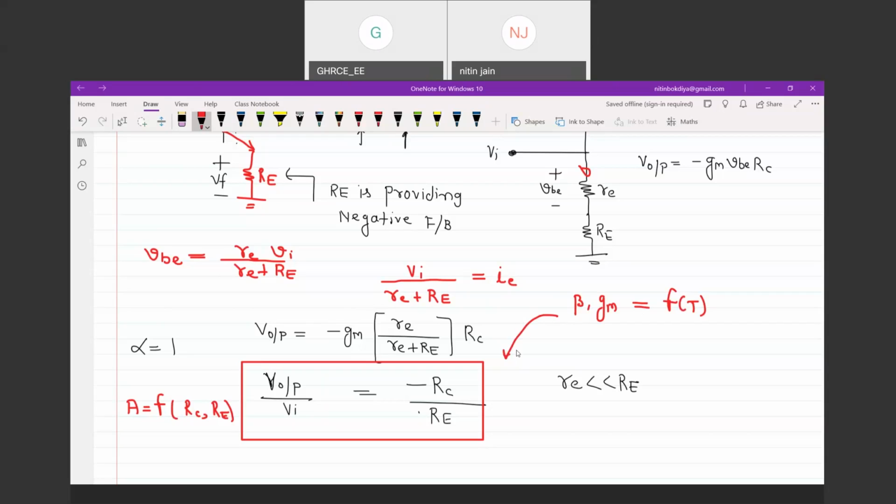Now, how do you characterize the feedback amplifier? It depends on how feedback is provided. So we can say there are 4 types of combination.